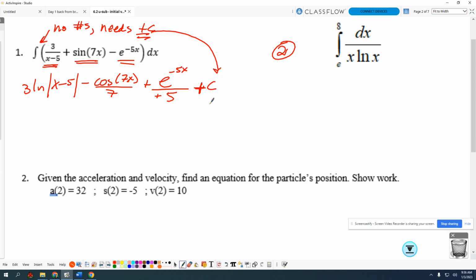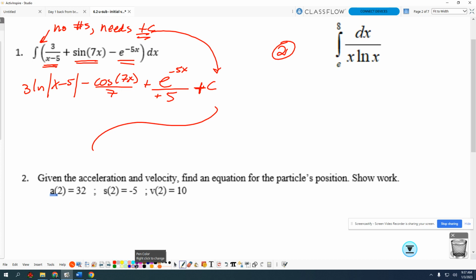Yep, because this has no numbers in indefinite, we don't know where it is. We don't know what the vertical shift is. Definite is with numbers. Indefinite is, I have this curve, what's the area under it? So it depends on how high it is.